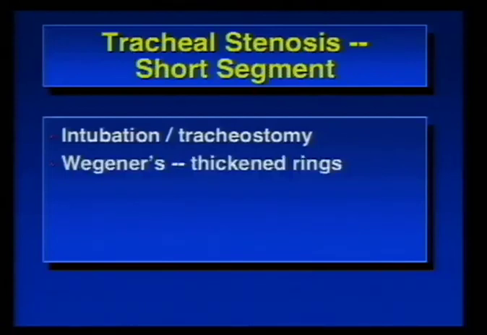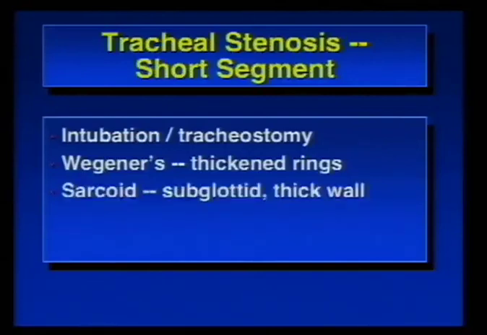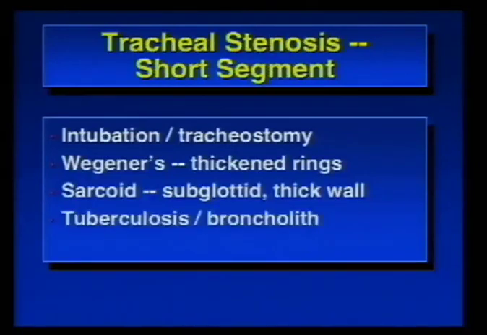Wegener's granulomatosis can also result in focal tracheal stenosis, or it can also cause longer segment stenosis. But Wegener's can cause focal, and the rings tend to be thickened. Sarcoid can cause focal tracheal stenosis with a thick wall. TB can also do this, and a broncholith can also cause tracheal stenosis.